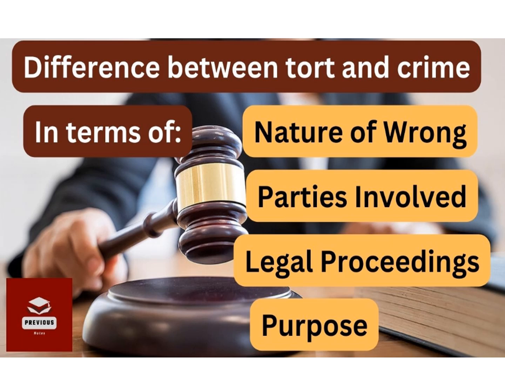In criminal terms it is complainant and accused. For legal proceeding, a criminal wrong has a criminal proceeding, and a civil wrong has a civil proceeding. The purpose for a criminal wrong is to punish the accused. In a civil wrong it is only to get compensation in terms of damages.